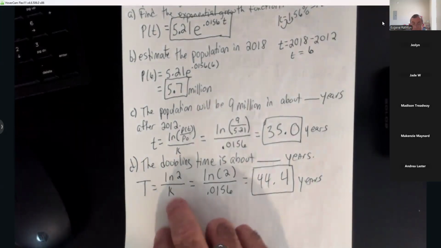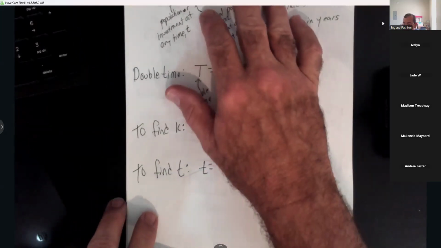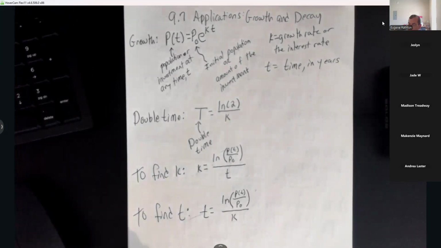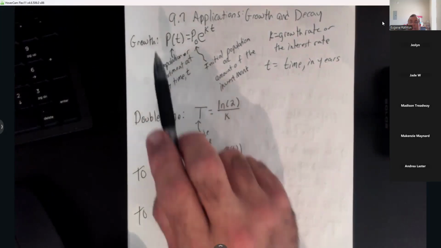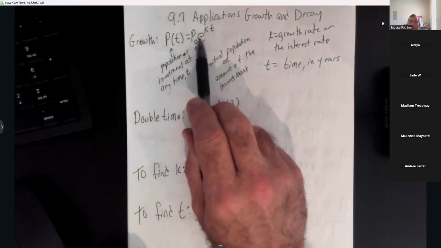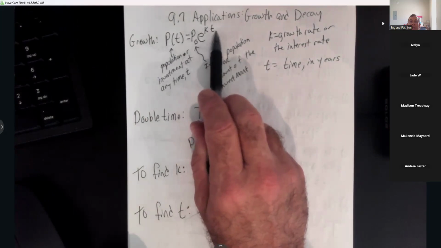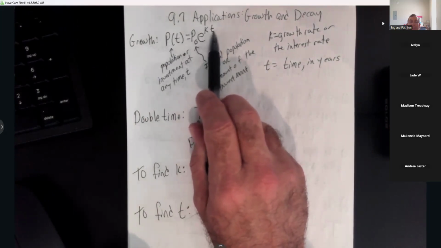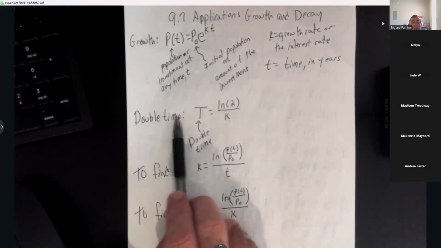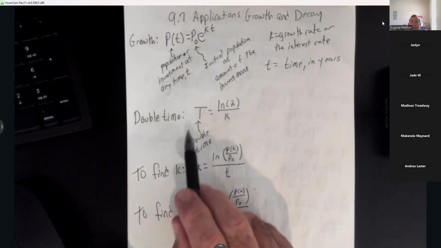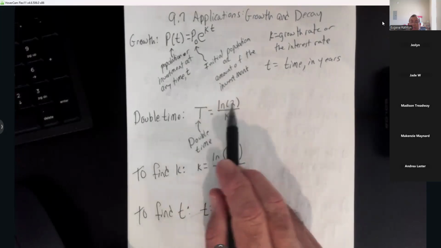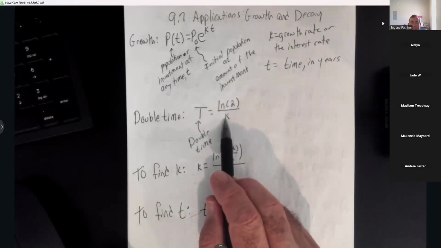So y'all, let me go back to the formula sheet and let y'all write these formulas down. So this one finds the population at any time t: your initial population times e raised to the kt. k was growth rate, t was time. To find the straight up double time, the amount it takes your investment or population to double, that's capital T equals the ln of 2 divided by k.